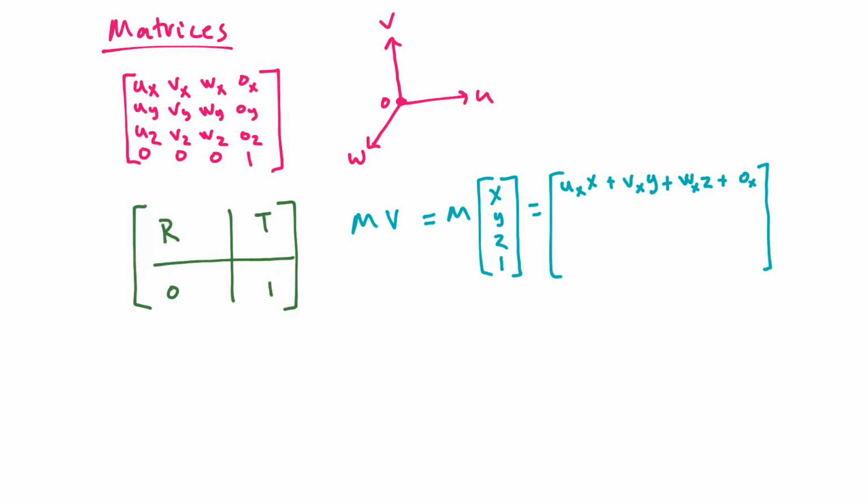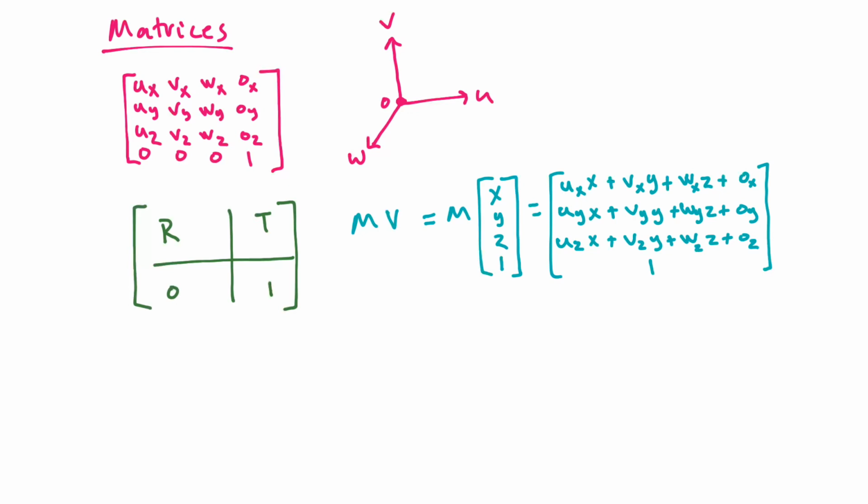Same thing for the following few rows. uy times x plus vy times y plus wy times z plus oy. uz times x plus vz times y plus wz times z plus oz, and 0, 0, 0, 1 times x, y, z, 1 will just give us 1.